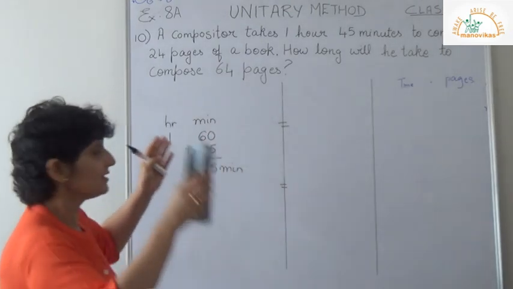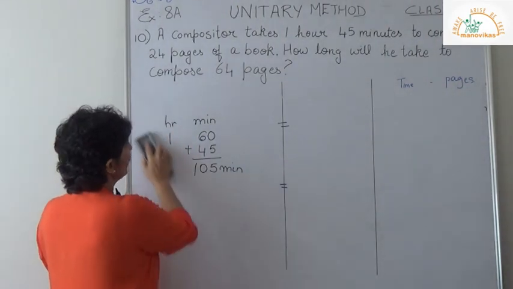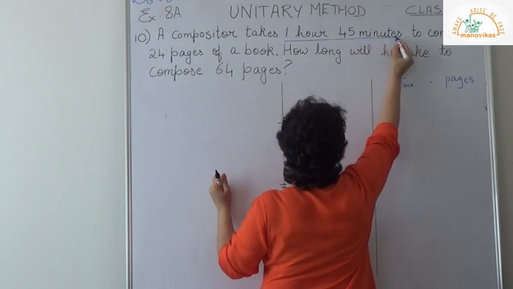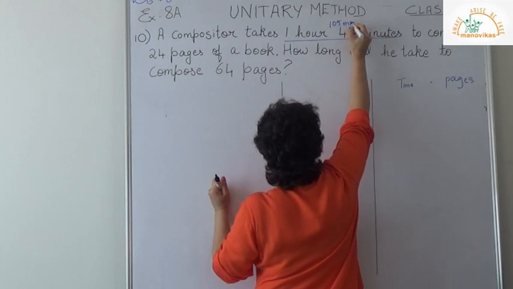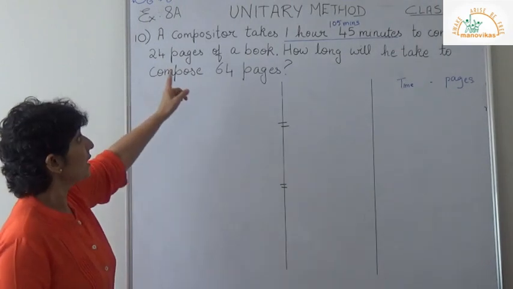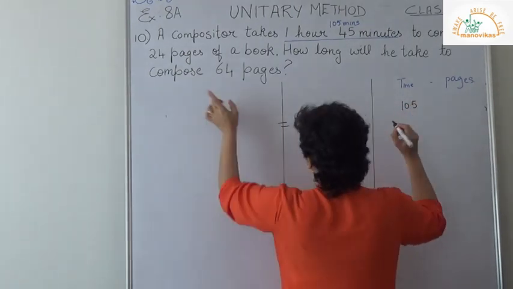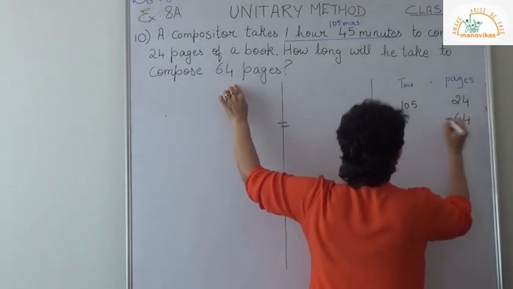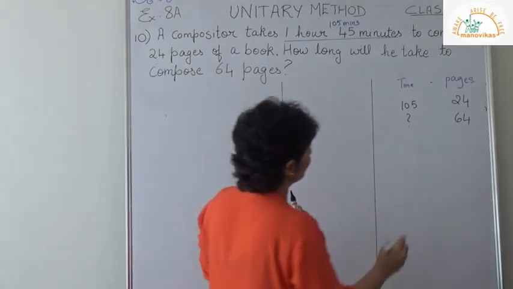We cannot write it in hours and minutes separately, so let's convert everything into minutes. Clear, children? Have you understood? Alright, so a compositor takes 105 minutes to complete 24 pages. Now how much time will he take for 64 pages?